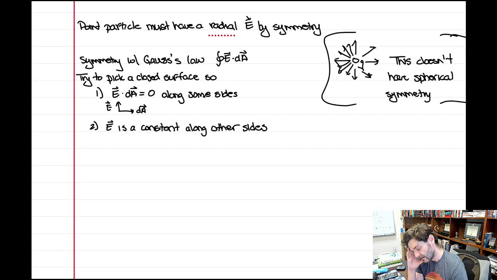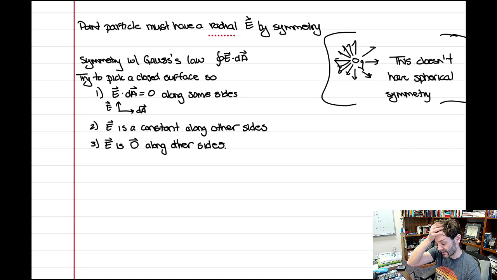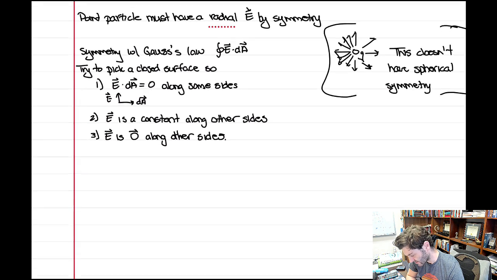Or maybe a case where E is just identically 0 along other sides, because then you're just adding up a bunch of zeros.